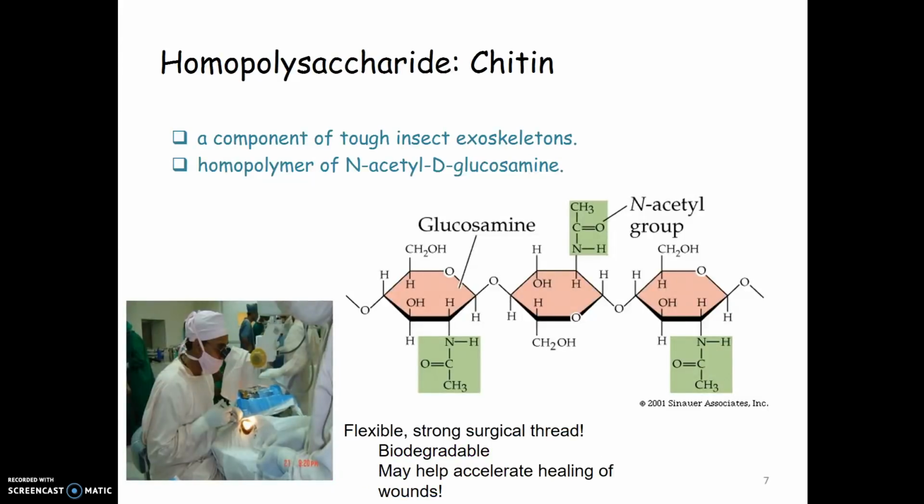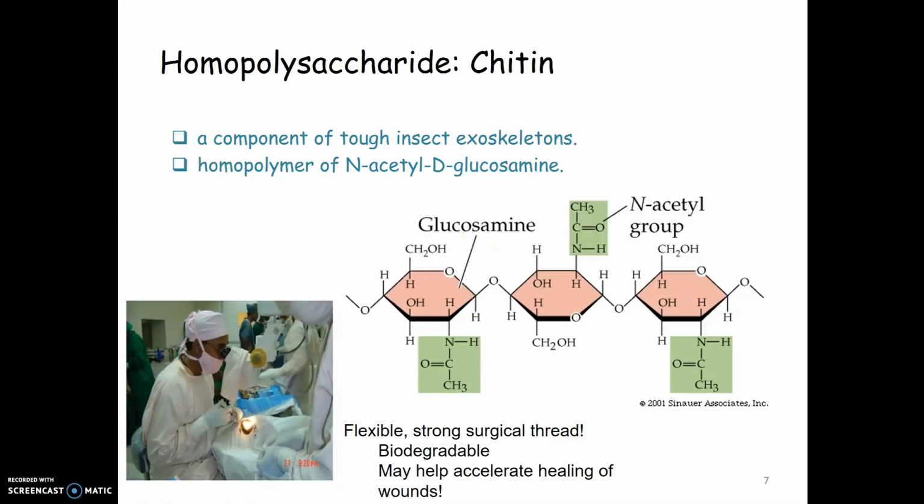All right. The final polymer that we are going to talk about is chitin. This is what provides insects with their exoskeleton. Chitin has a different monomer unit. It uses N-acetyl D-glucosamine. You'll see here is your N-acetyl group, and your basic sugar molecule is going to be your glucosamine.